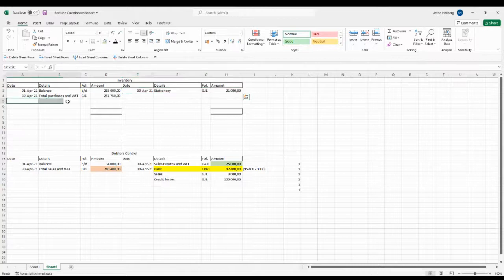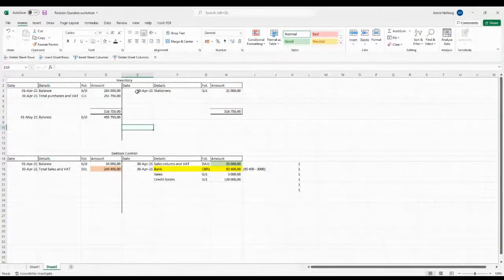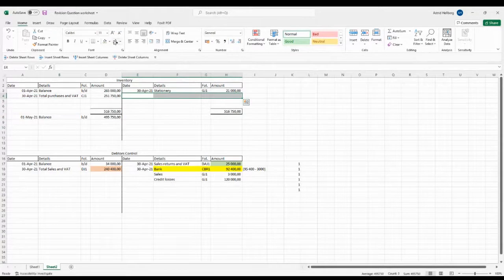And then we balance the rest of the account. And there we go. That is how you had to do the journals as well as the general ledger accounts. Do you guys have any questions on this?